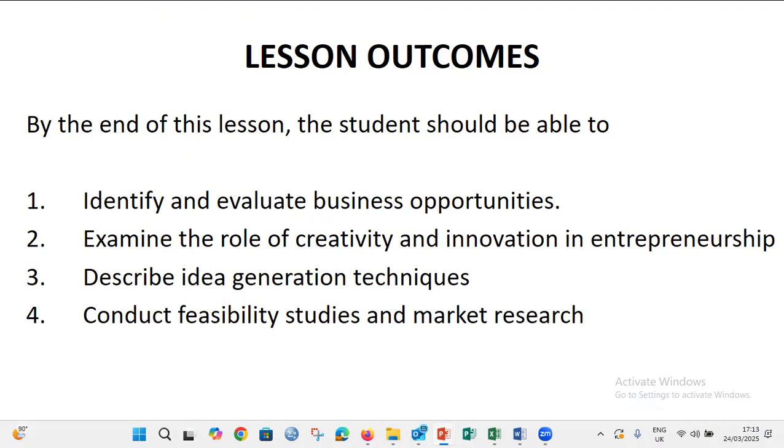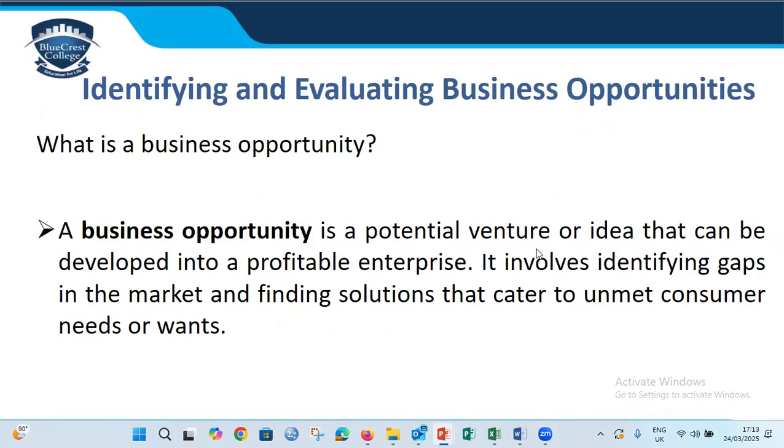So basically, these are our objectives for the class.